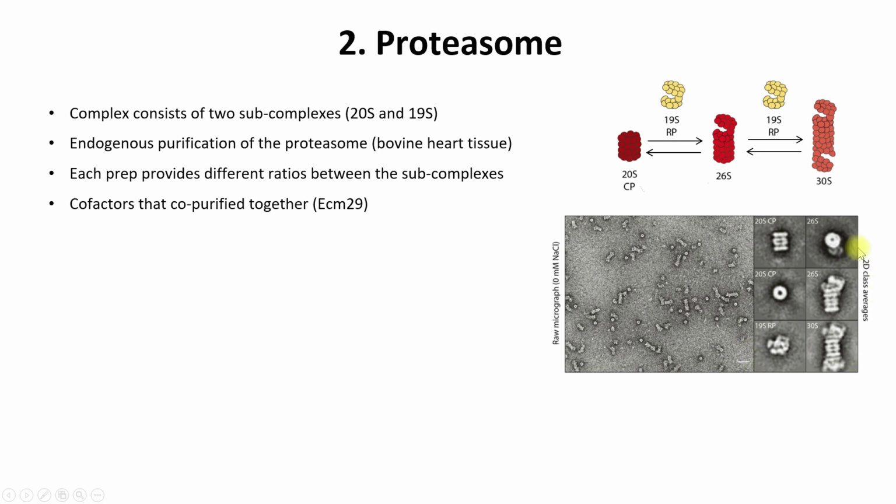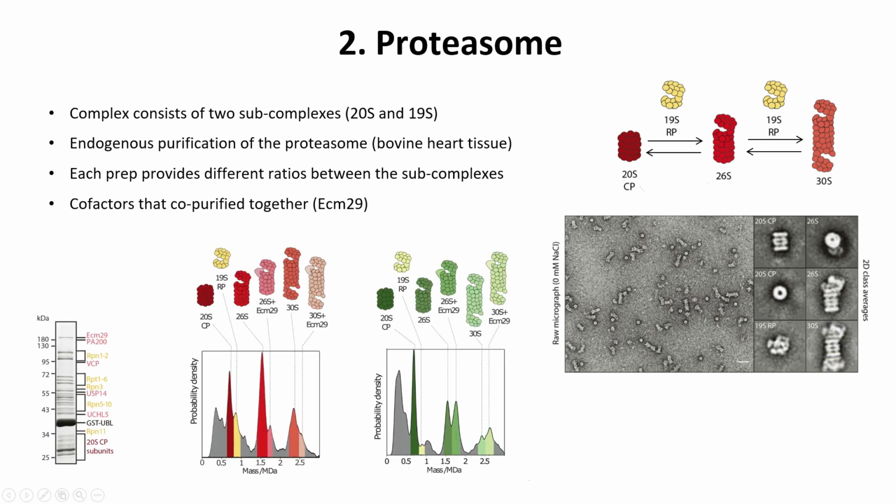Here are 2D class averages of 20S in different configurations, and of the 19S, the 26S, and the 30S. And if we look at the gels, you can see a lot of bands, but quantifying exactly what you have in your sample is quite hard from this gel.